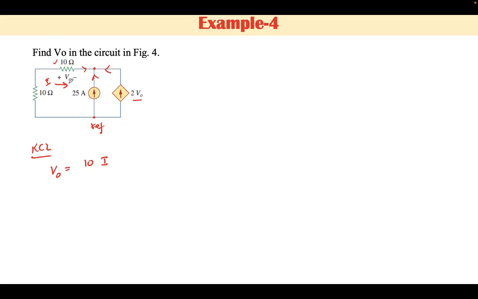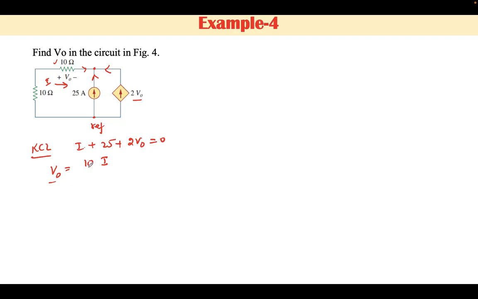Why? Because applying KCL at this node, it will be I plus 25 plus 2 V naught equal to 0, and here V naught is equal to 10 of I. We can analyze this network.